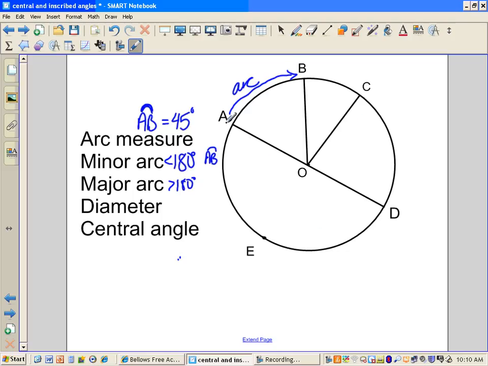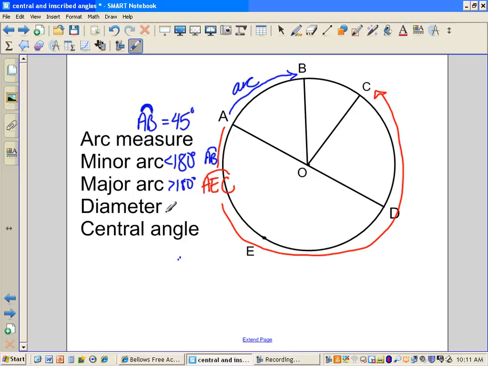Because if I wanted to say that my arc was from A to C, what I would have to do is put in another point to distinguish between A to C on the top way or A to C the bottom way. So I might say something like, I'm talking about arc A to E to C. So that means I'm going all the way around this way. That's going to be greater than 180 degrees.